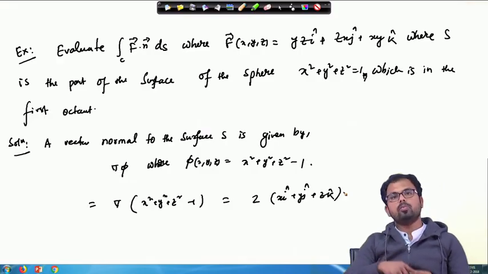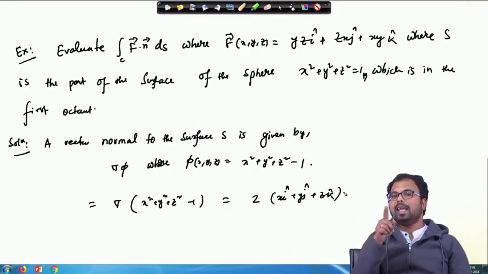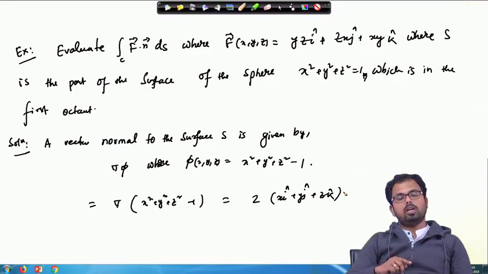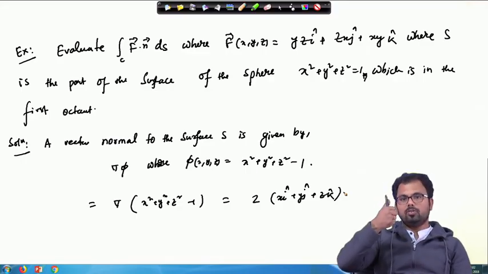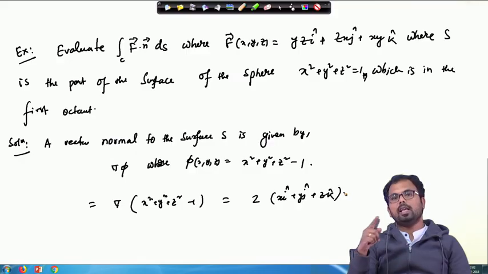Now, this is normal to the surface S, but n is the unit outward drawn normal. However, gradient of phi is just the outward drawn normal. So, we have to now calculate n cap.